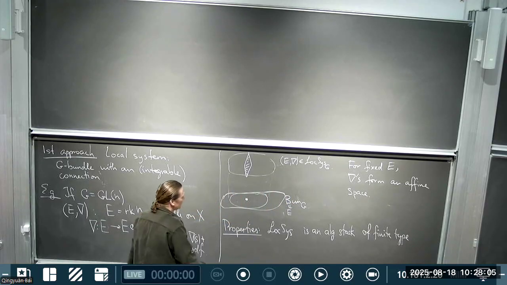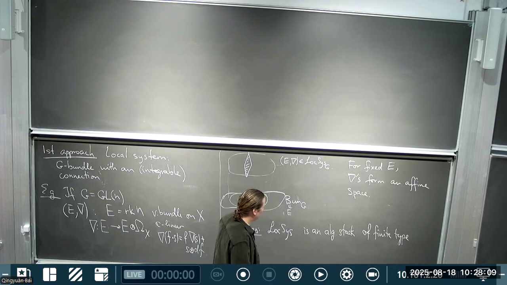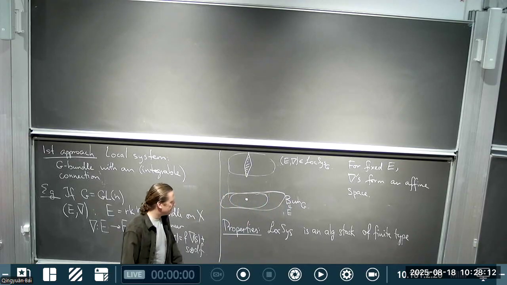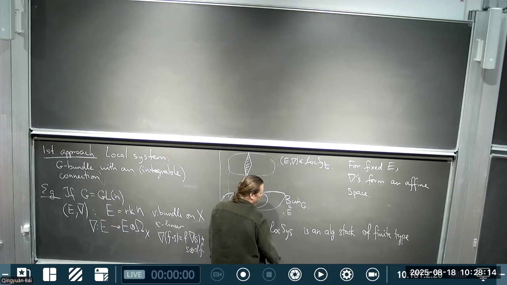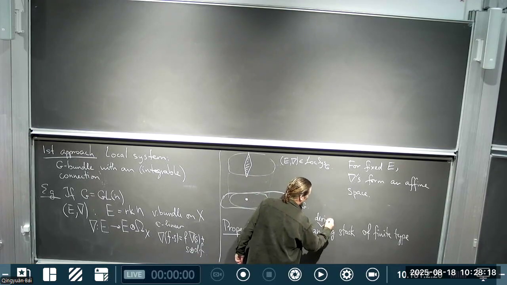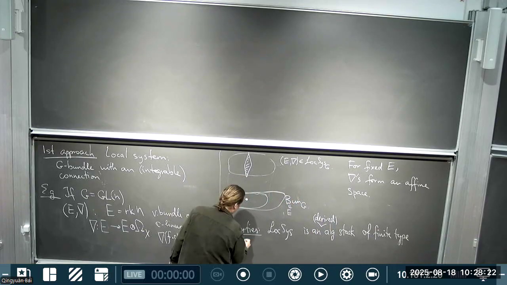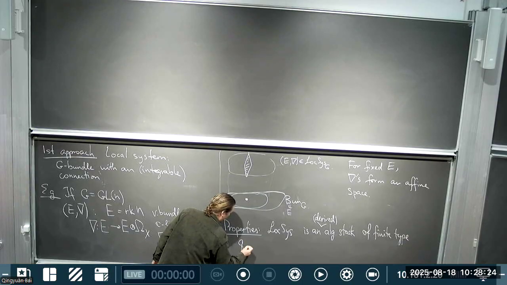And generally speaking, it won't be a classical algebraic stack, so it's an object of derived algebraic geometry. So let me put derived. And as a derived object, it's quasi-smooth.